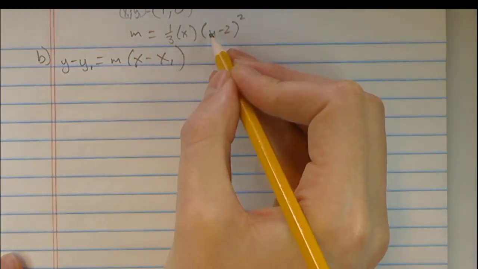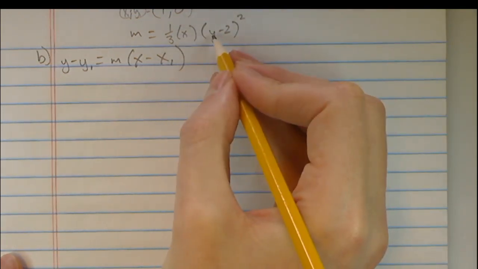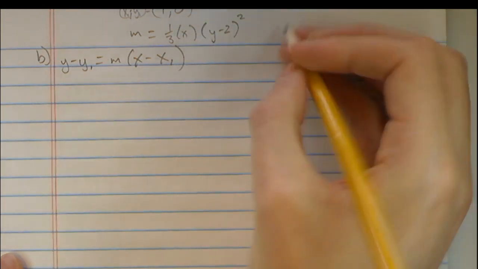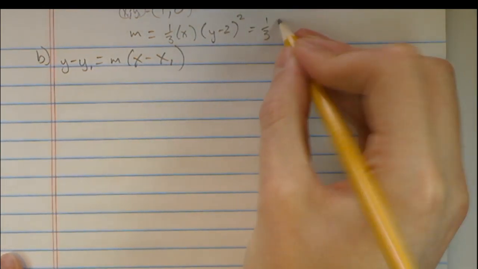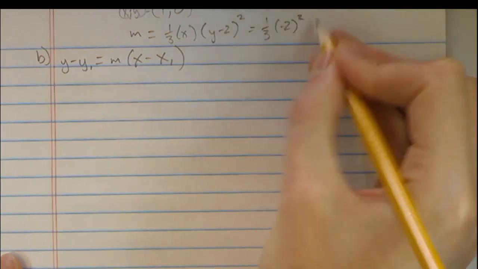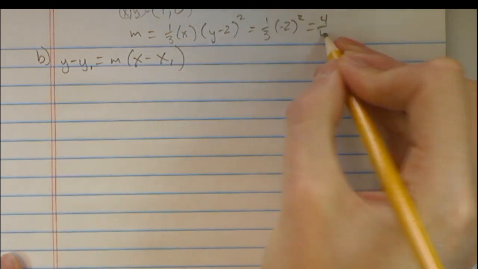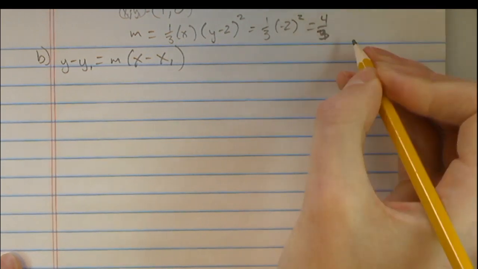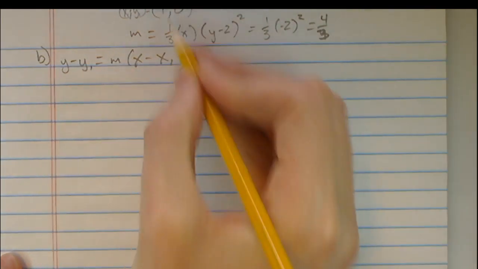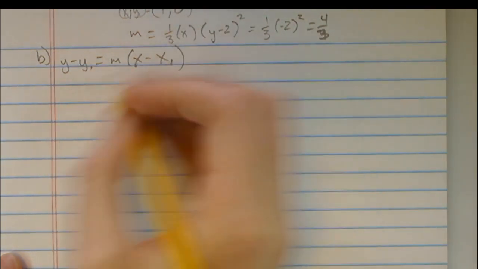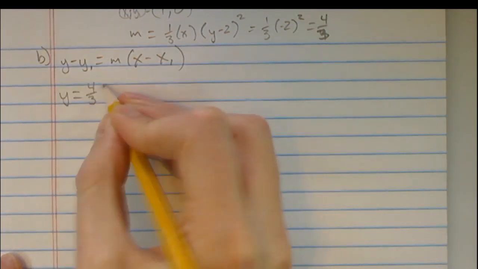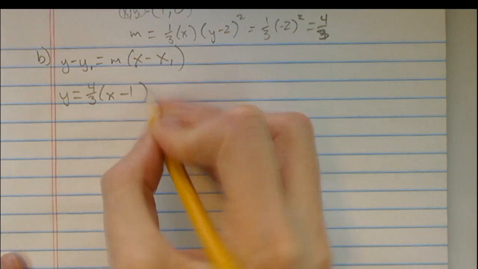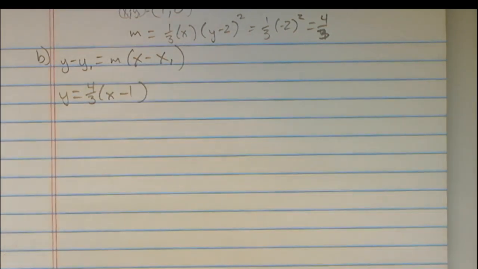So we plug in 1 for x and 0 for y: 1/3 times 1 is 1/3, times negative 2 squared, so that's 4/3. So x is 1, y is 0. y equals 4/3 (x minus 1). That's the equation of our tangent line.